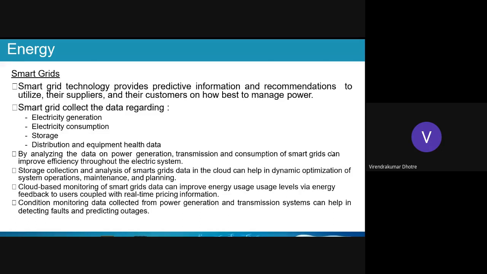For example, suppose evening 6 to 10 there is more consumption of electricity, then definitely we require to generate such required electricity, right? And this can happen when we have such information that within this period there is a huge demand of electricity.